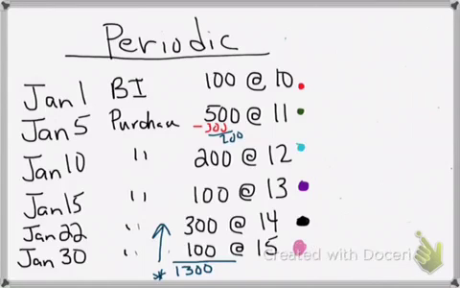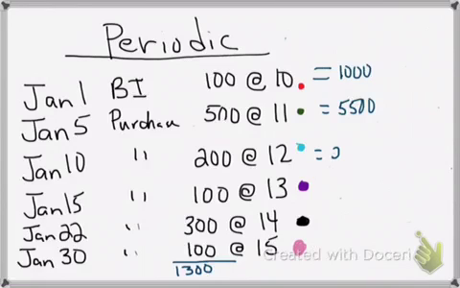All you have to worry about with weighted average is coming up with what the totals are for everything. So here I would be looking at, well, what's the total for this first purchase? And it is $1,000. What about the second one? 500 times 11 is 5,500.